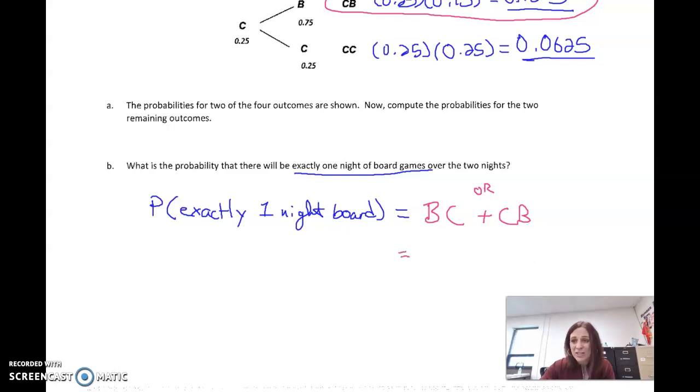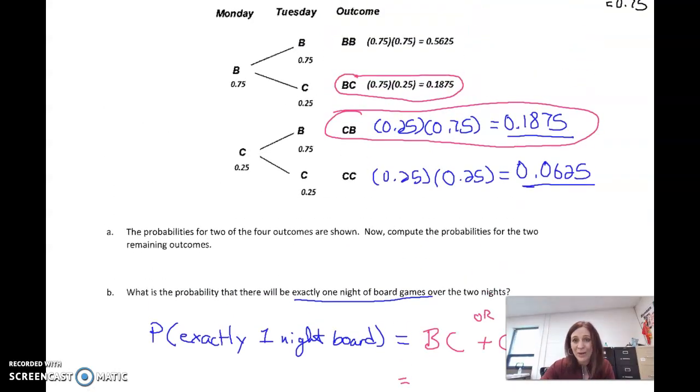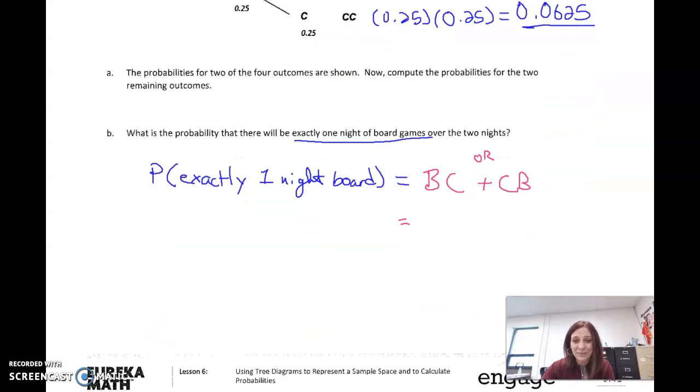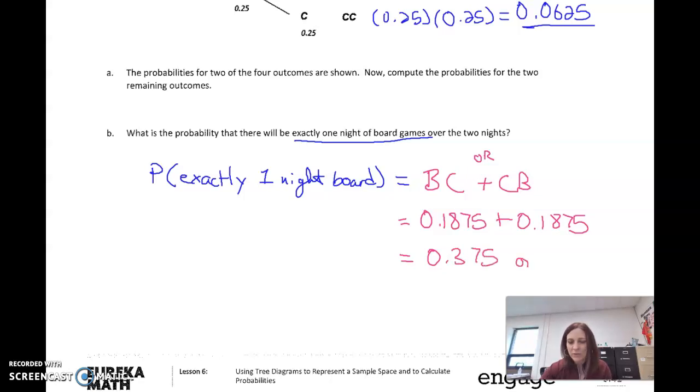So we take our probabilities here, 0.1875 and 0.1875, and add them together. We multiply within the tree diagram, but if you want more than one outcome, we still add them together just like we've done in the past. So we get 0.375, or if you like changing it to percent, that's 37.5%.